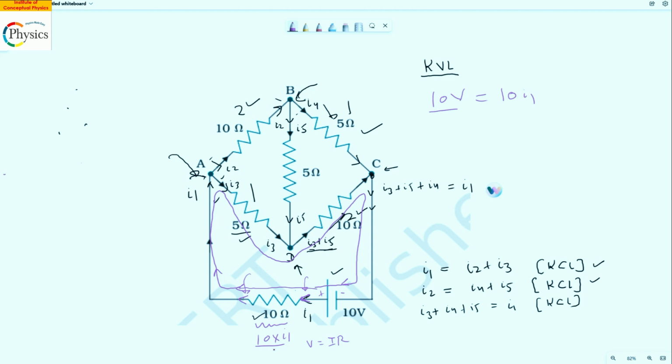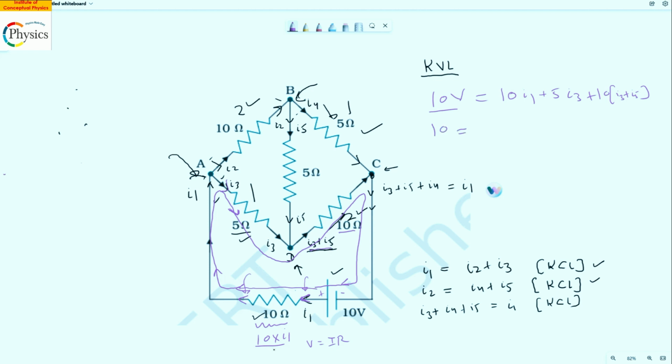Let's move here. Again, you can see there is a drop because the current is flowing in I3 and the loop direction is also the same. So the current direction and the loop direction are common. It's a drop, so let's write plus 5 I3. Let's move forward to the next one. What is the current in this? I3 plus I5. So 10 into I3 plus I5.